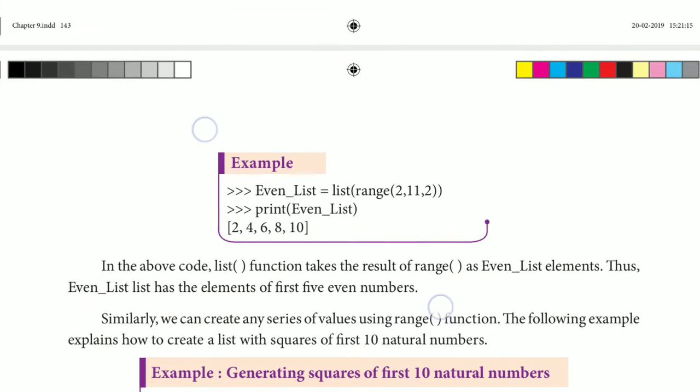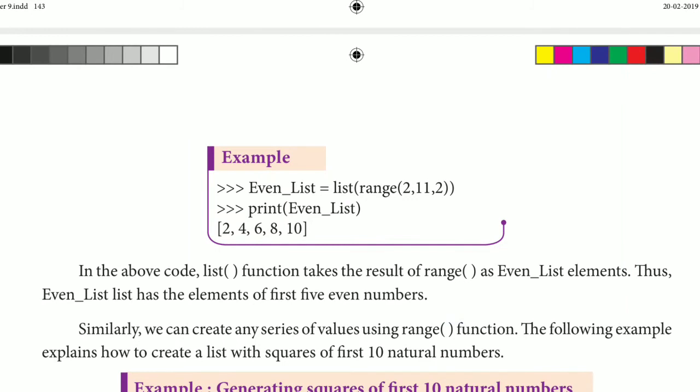For example, even list is the list name, which is equal to list, a function, and you are giving the range inside it. Range 2, 11, 2, where you can see the output will be the even numbers between 2 and 11.